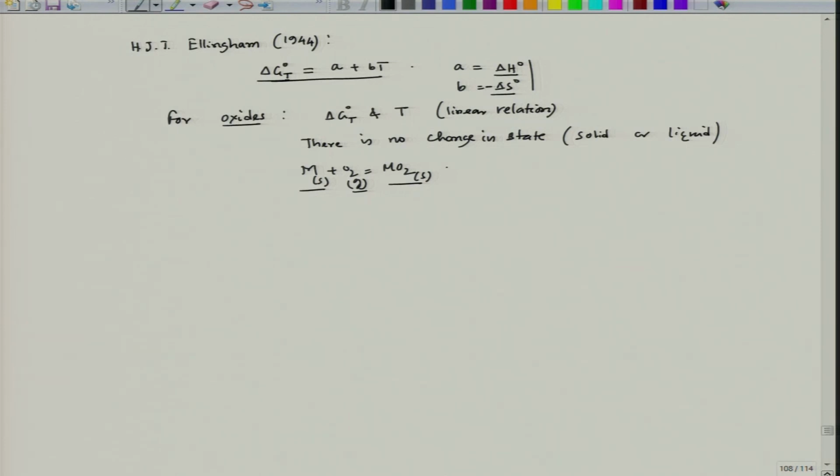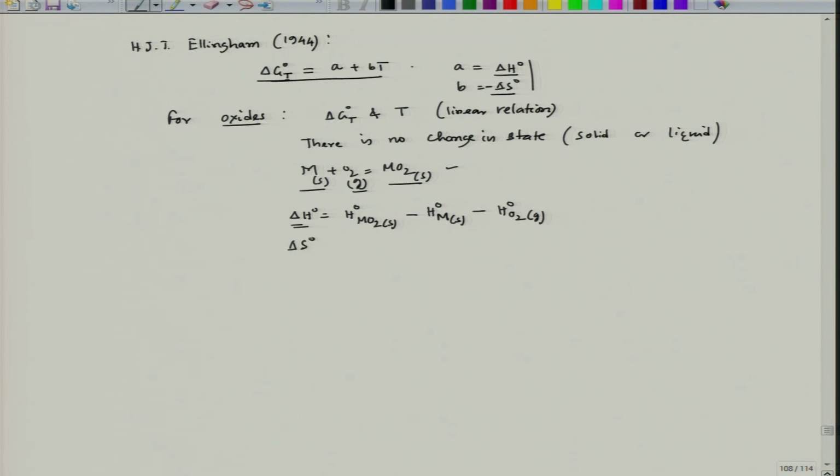Since this is a simple linear equation, for the oxidation process I can write del H 0 as H 0 of MO2 solid minus H 0 of M solid minus H 0 of O2 gas.